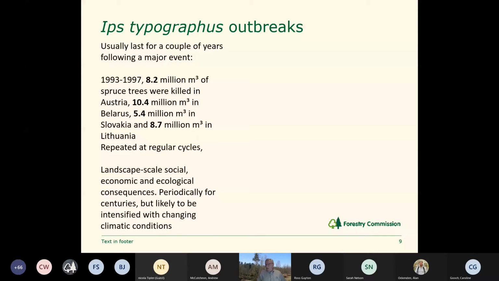We know in the last 4 or 5 years there have been very significant outbreaks in Germany, in Belgium, in France, which has brought millions more beetles into the environment, but also brought them much closer to GB, which is significant in terms of our infestation. It has landscape scale, social, economic and ecological consequences.